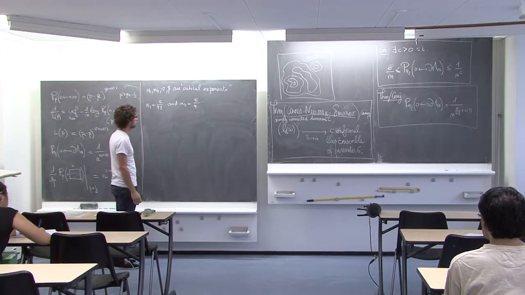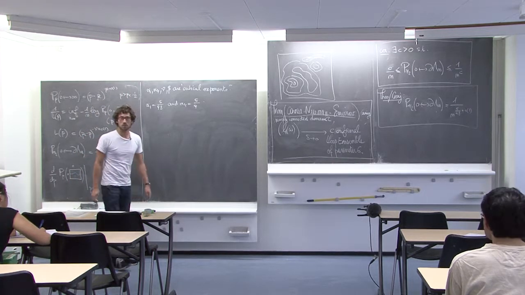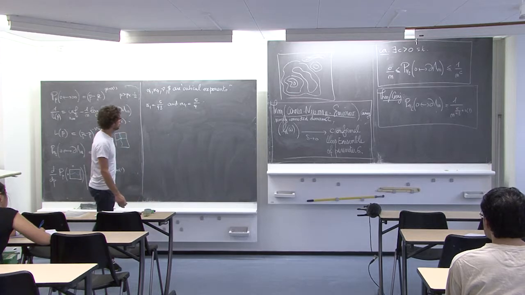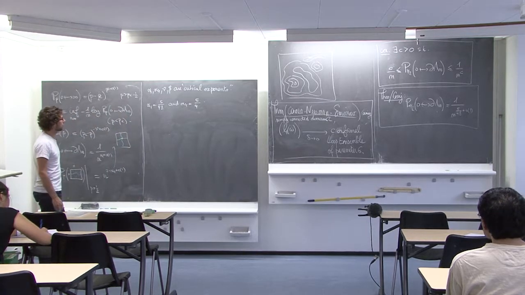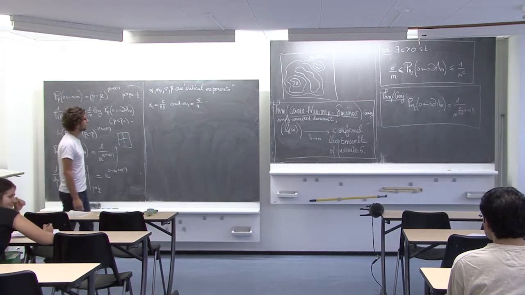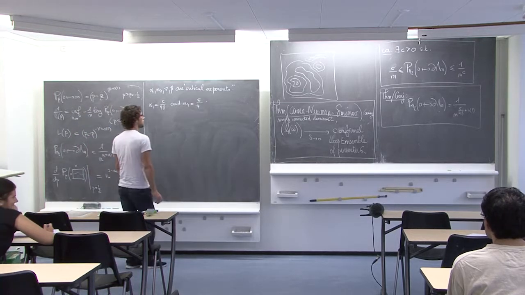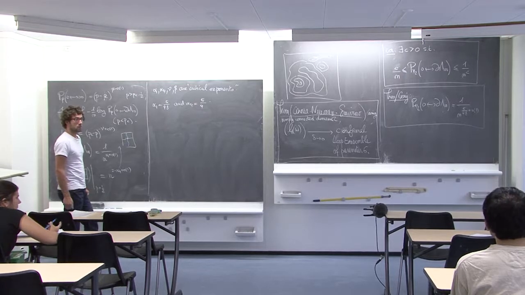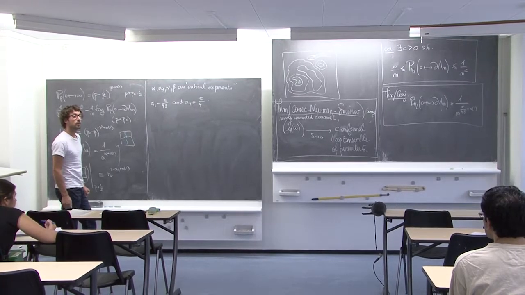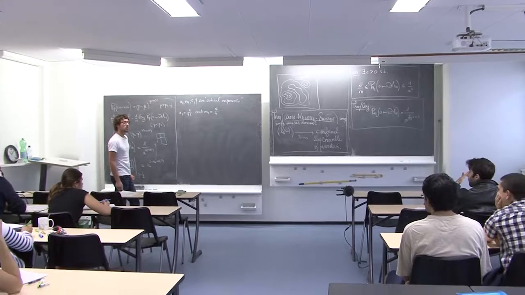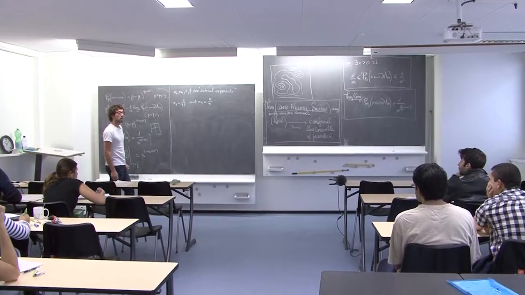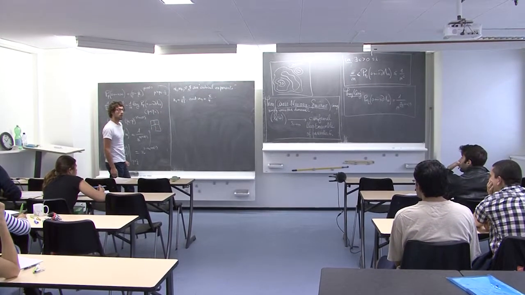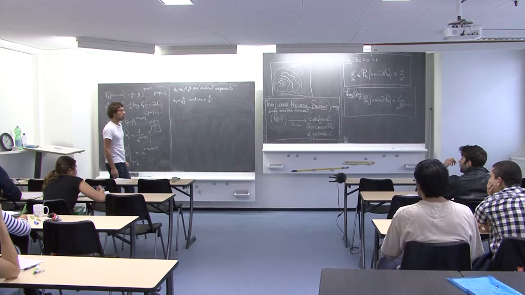7/4? 5/4. Sorry? Over 8. No, over 4. It's 7/4 or 5/4. Okay, we are going to check that in a second. You said alpha 4 was the probability of having those two crossings, the blue one and the green one. How can it be bigger than 1?